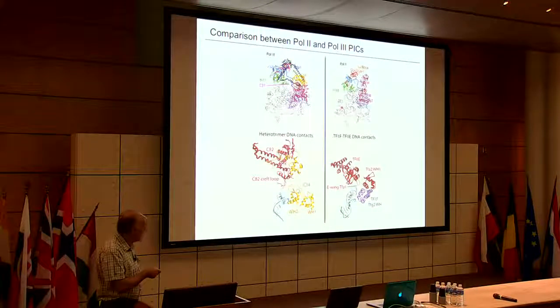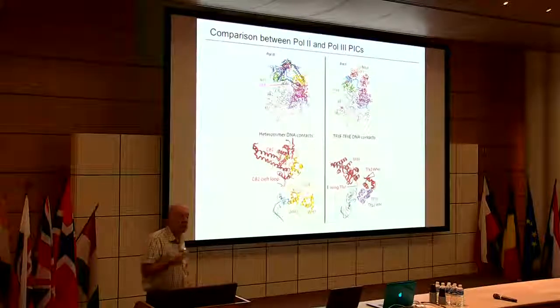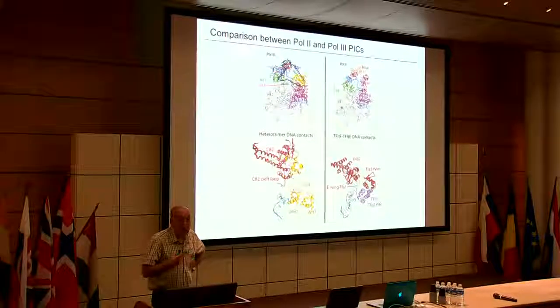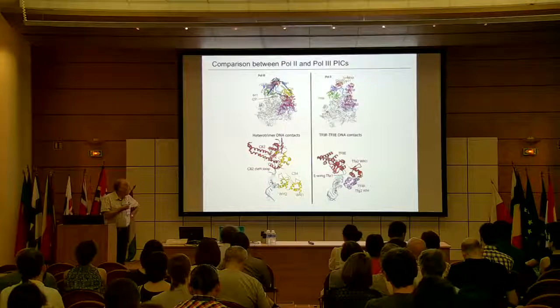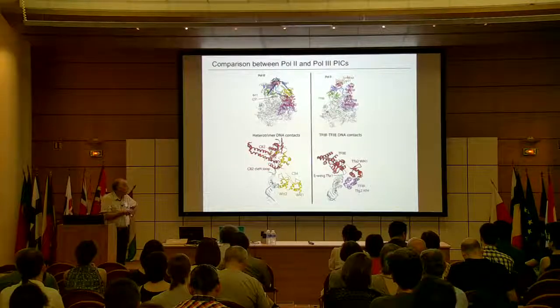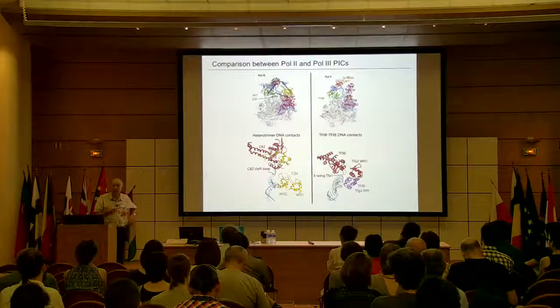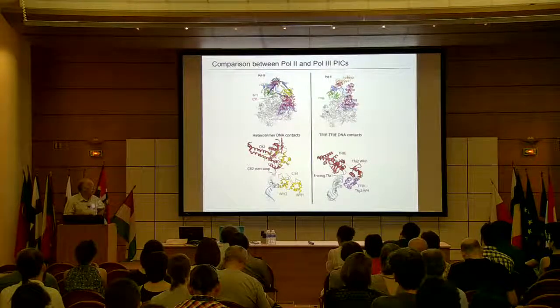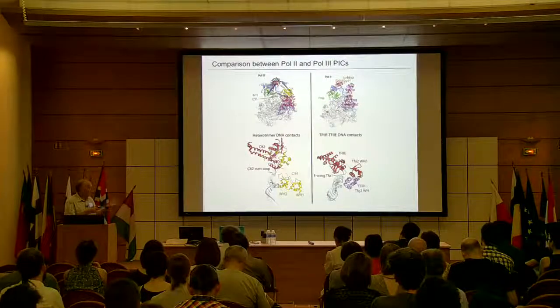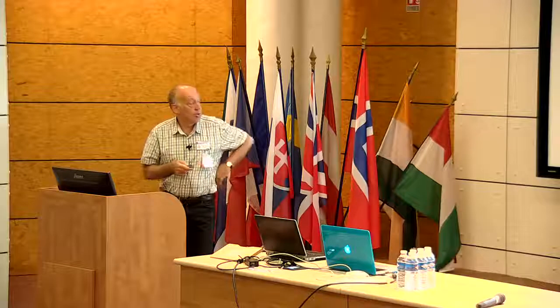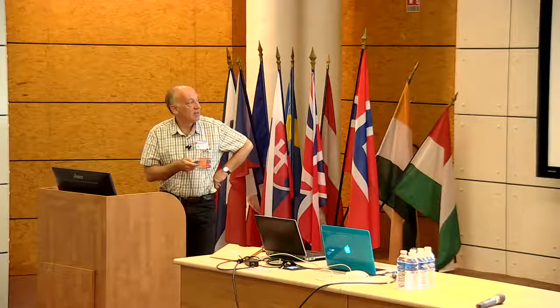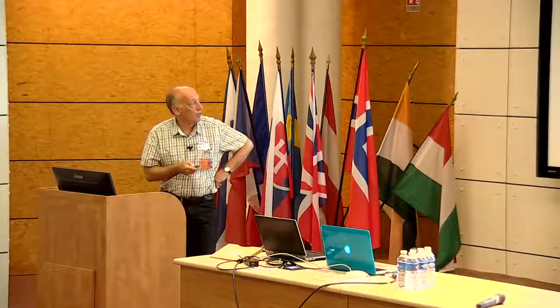However, the C-terminal domain of TF2F contacts the DNA through a winged helix domain, and in Pol 3, the C-terminus doesn't contain such a winged helix domain. Instead, the N-terminal domains of C3040, which are also winged helix domains, contact the DNA substrate. And so there are things which are similar, but things are also definitely different in the two complexes.